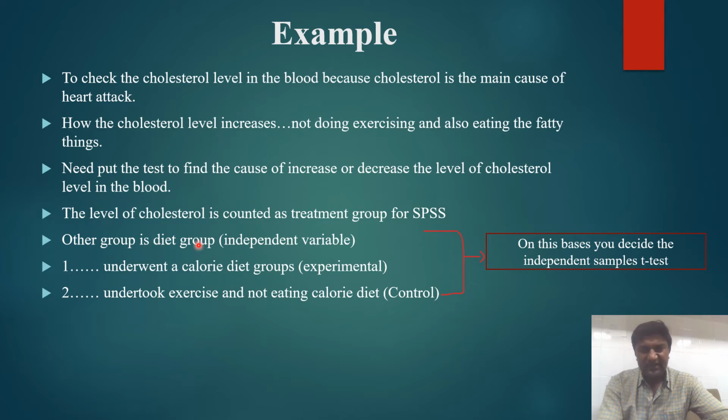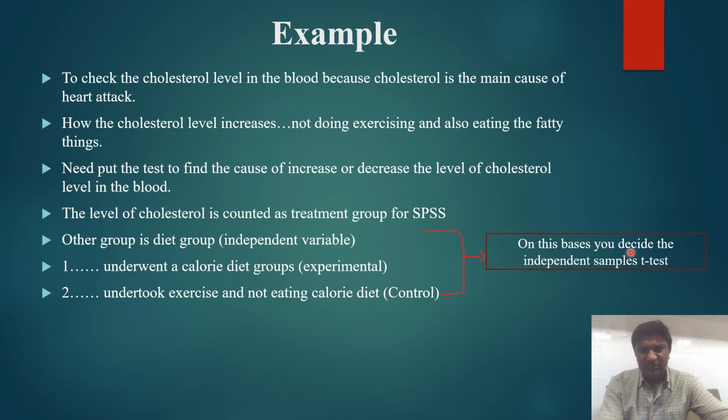The other variable is the diet group, meaning these are two independent groups. One underwent a calorie diet, and that is counted as the experimental group. The other undertook exercise and did not eat the calorie diet, and that is considered the control group.